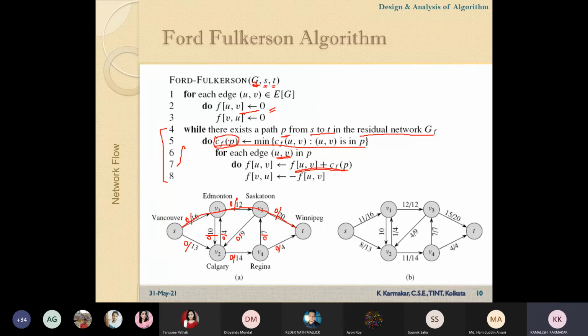So this CFP is 12, if we determine this augmented path from the residual network.